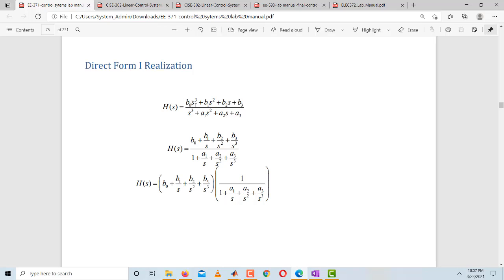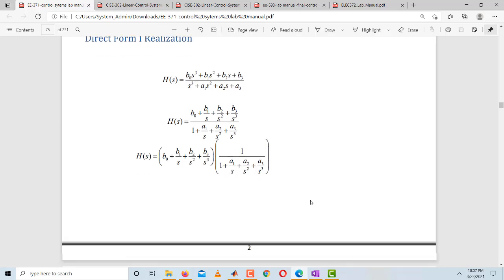So we are also dividing all the terms in the numerator by s cube. This results in the equation written in step number 2, which means that we can identify these two terms separately, the first one being zeros and the other being written as 1 over 1 plus something, which means the poles can be realized from here.